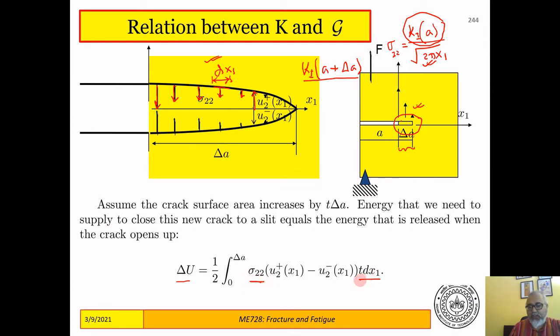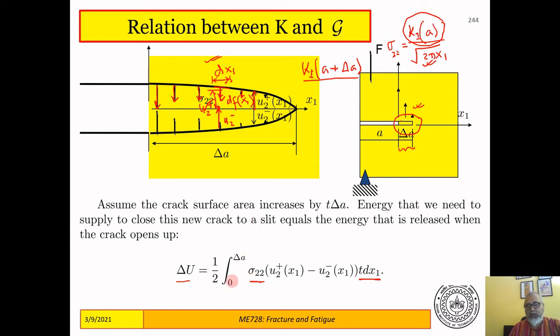So sigma 2 2 times T dx1 is the small element of force df that you are going to apply to close it down, and you will have to close it down by this displacement, which is u2 plus at the top and u2 minus at the bottom, and the directions are different. So the top has to be closed down in the negative x2 direction, and the bottom has to be closed down in the positive x2 direction.